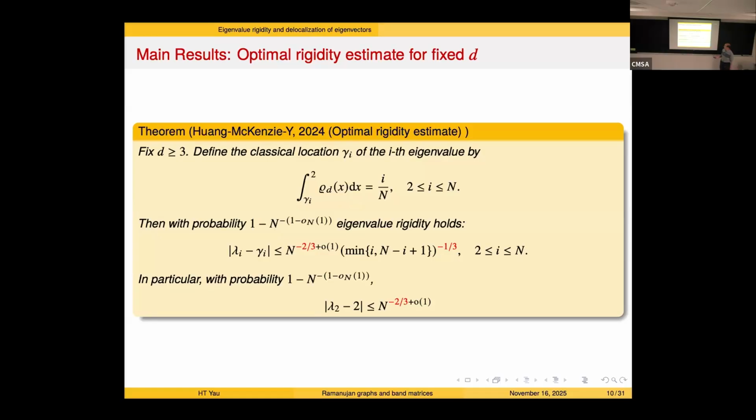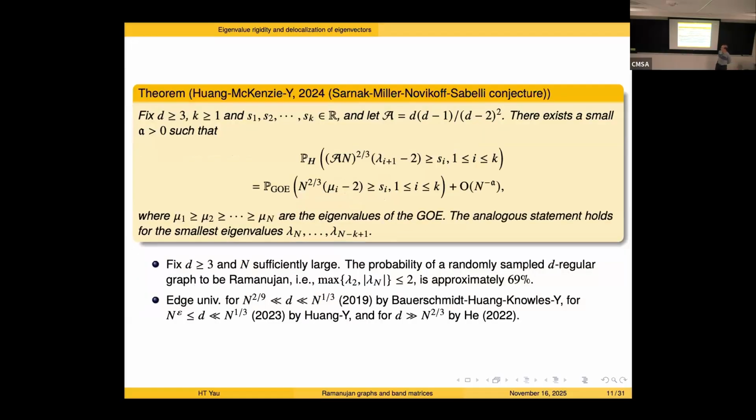Now, the key to answer the question of the Ramanujan graph is the following theorem. This is joint work with Huang and McKenzie. What we prove is the following. If you look at the edge eigenvalues, sorry, I use mu for lambda sometimes.